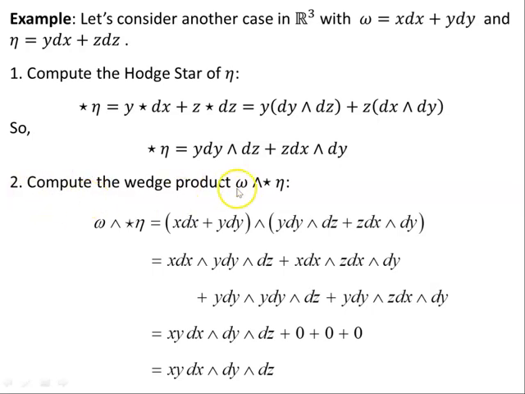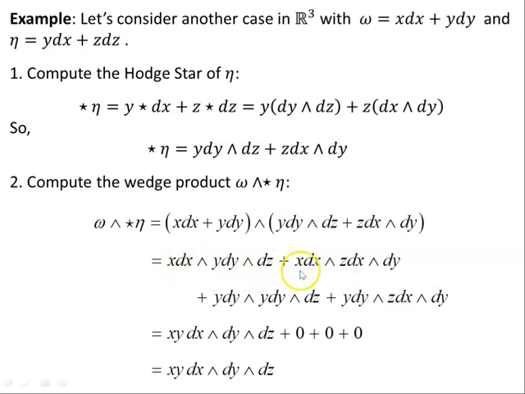Next step, compute the product, omega wedge star eta, which is that wedged with that. Expanding it all out, we've got x dx wedged with this two-form, and x dx wedged with that one. Then y dy wedged with that two-form, and y dy wedged with the other two-form, and you're going to see a sum with zeros.